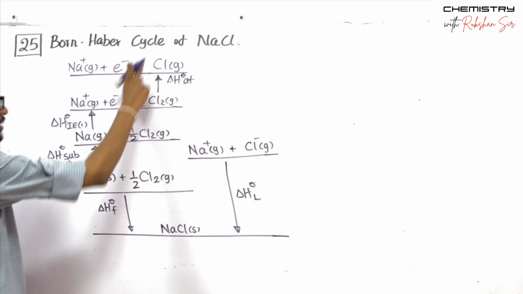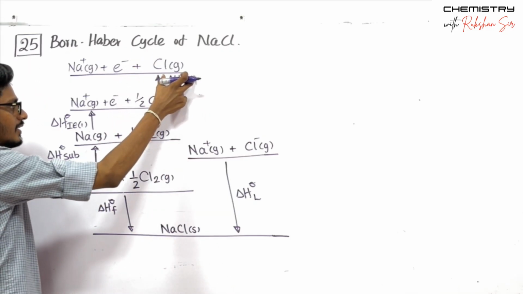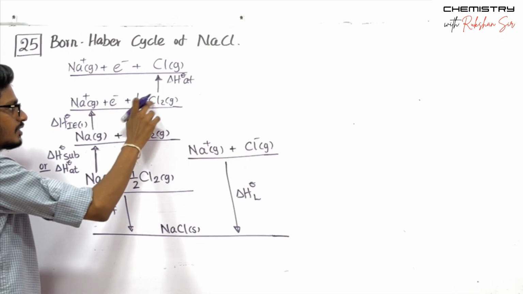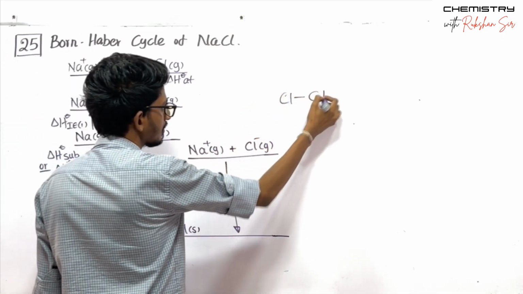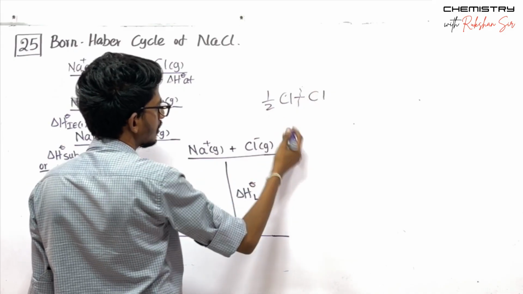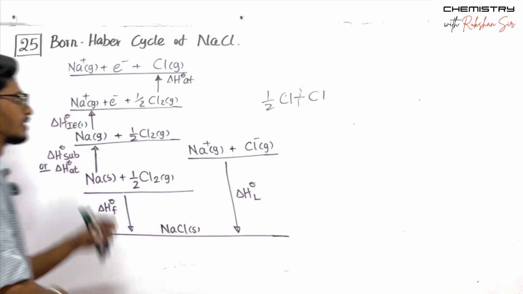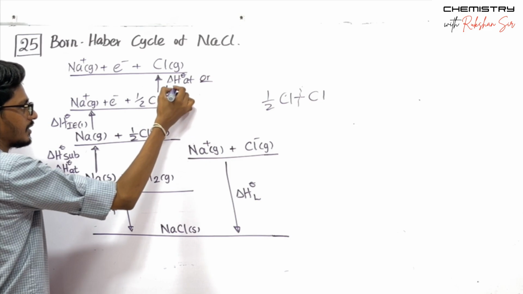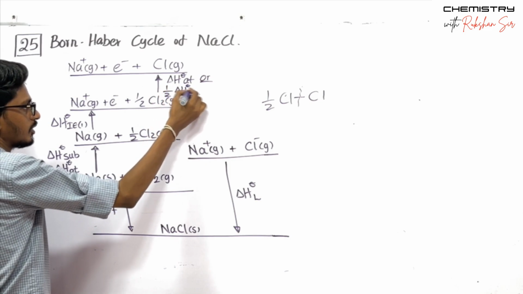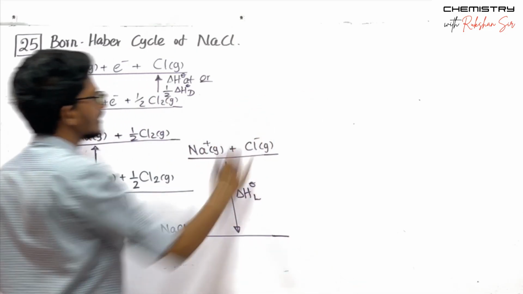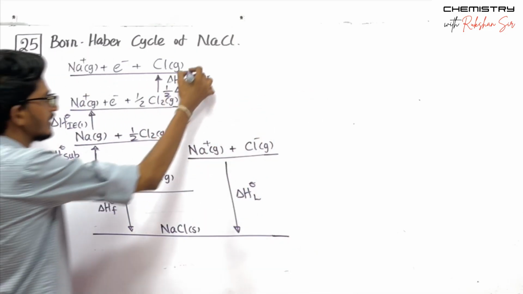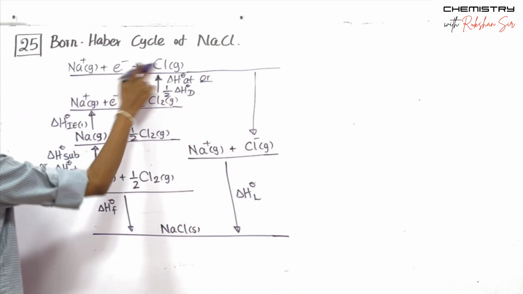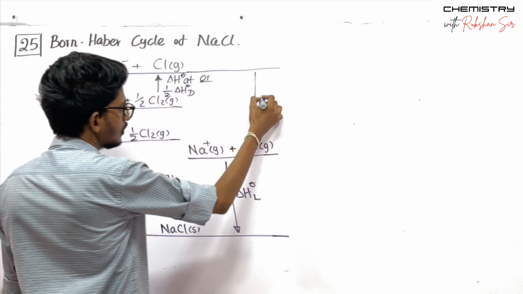You are supposed to produce 1 mole of gaseous atoms, so atomization once is enough. Or you have to break half of Cl bonds. If you break half of Cl bonds, you can come up with 1 of Cl gas. So you can come up with half of delta H naught bond dissociation. That will give you the Cl gas, and that Cl gas can be converted to Cl minus gas by absorbing this electron. That can be done by doing the first electron gain.